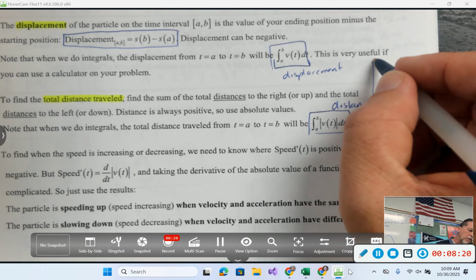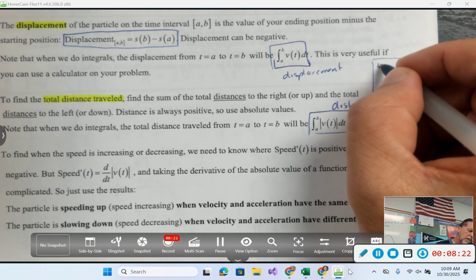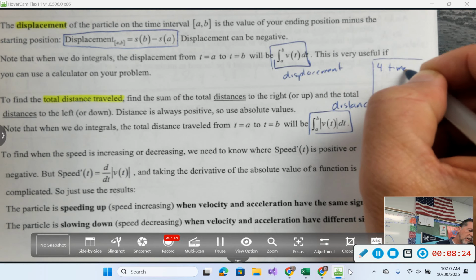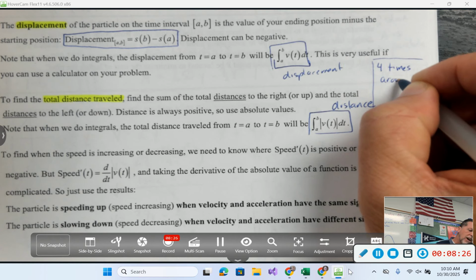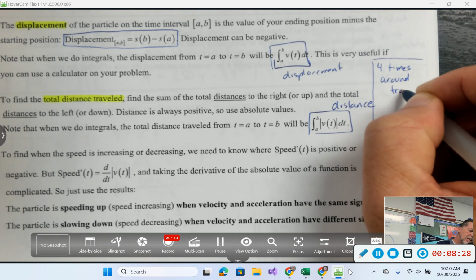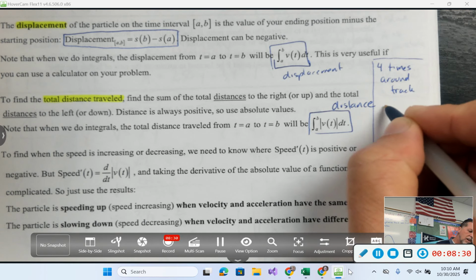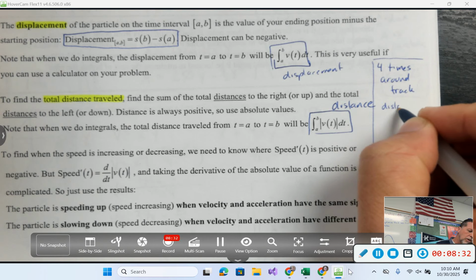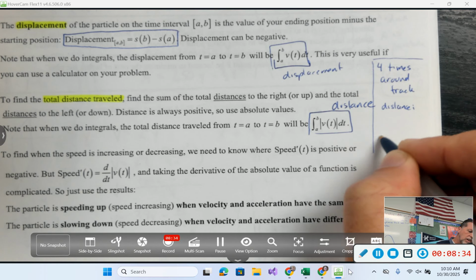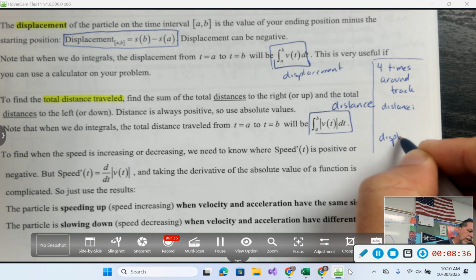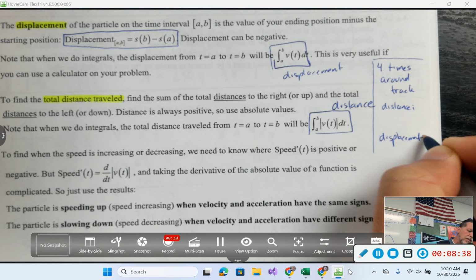Classic example from physics. If you go 4 times around the track, you've got a distance and a displacement.